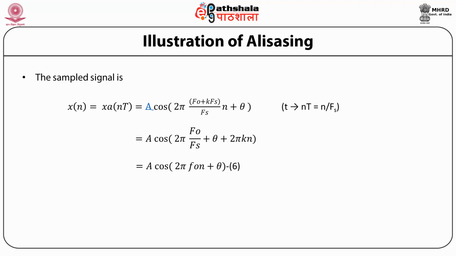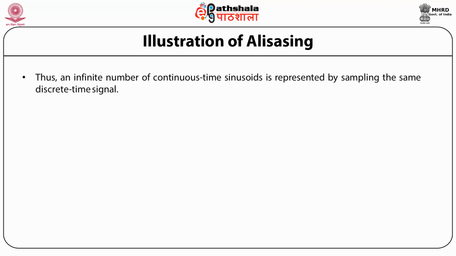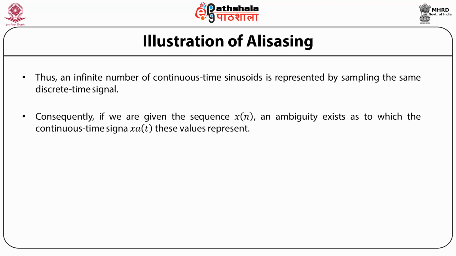Now here, capital F naught by capital Fs is replaced by small f naught, which is identical to the discrete time signal in equation 4 obtained by sampling equation 3. Thus, an infinite number of continuous time sinusoids is represented by sampling the same discrete time signal. Consequently, if we are given the sequence x(n), an ambiguity exists as to which continuous time signal xa(t) these values represent.